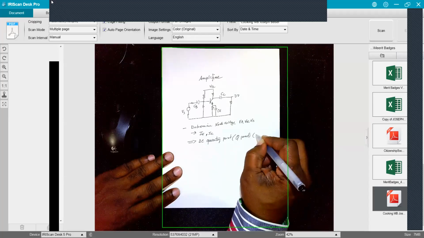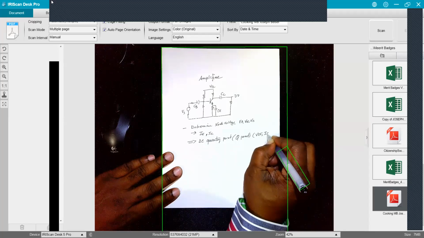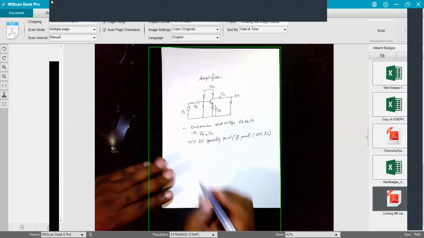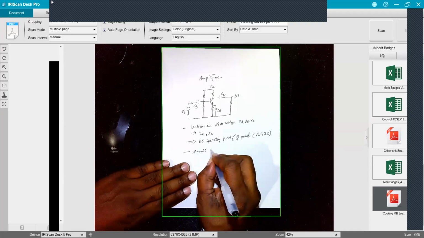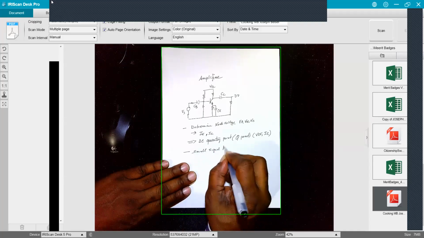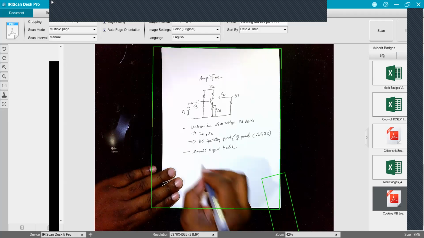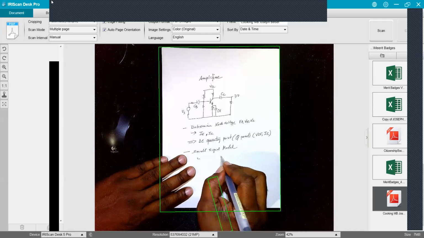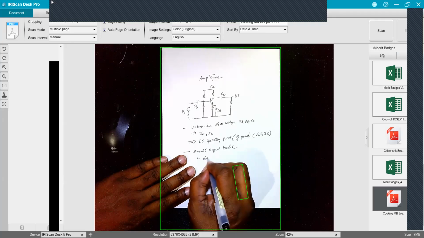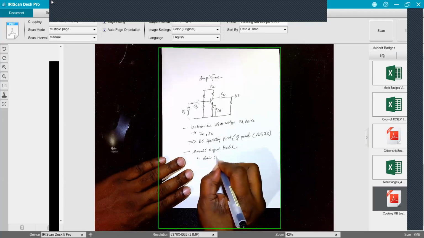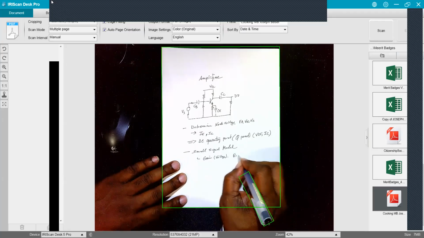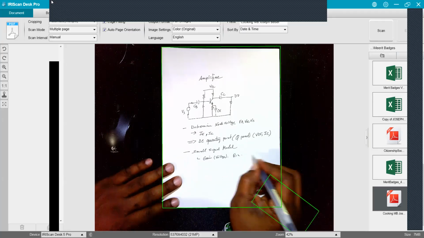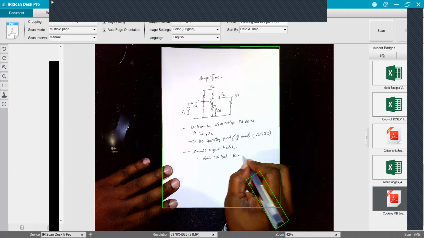Which is what? VCE and IC. Once we get that, we do our small signal model. From our small signal model, we can calculate our voltage gain. If we want to, we can do our input impedance also, Rin, and even our output impedance.